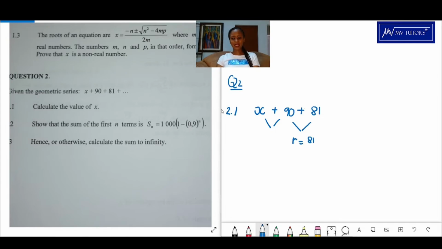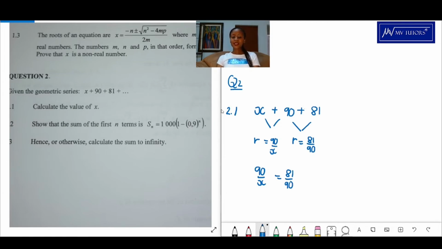We have r as 81 over 90, and r here as 90 over x. So to calculate the value of x, we say 90 over x is equal to 81 over 90, because it is the common ratio.